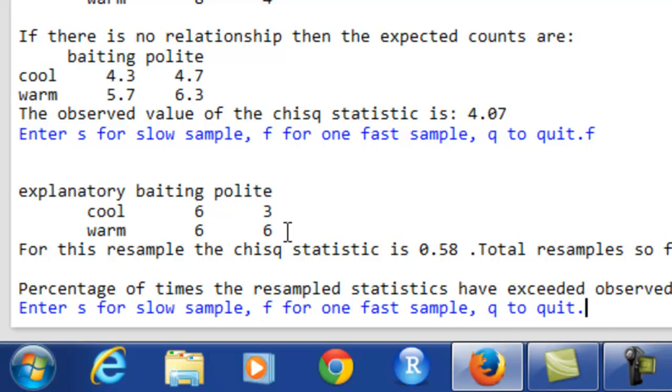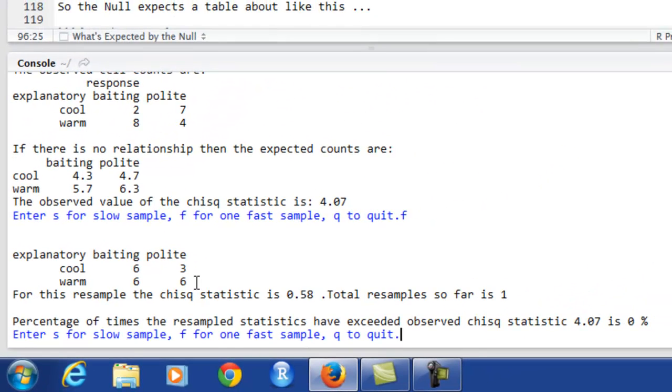So it's in a situation where 47.6% of the time a crowd would be baiting, and 52.4% of the time a crowd would be polite. It tries out 9 cool weather incidents, and it tries out 12 warm weather incidents, but the chances of baiting and polite are the same in all of those incidents.